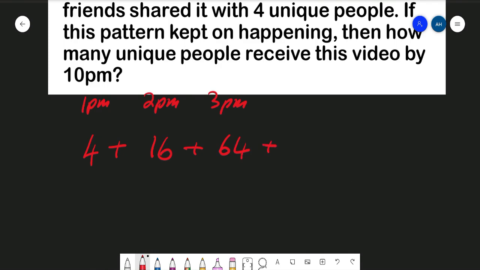And then the same process: each one of these 64 people shares to 4 unique people. So it becomes 64 times 4, which is 256, and the process continues. The question is, we want to know the total number of people who receive this video by 10 p.m. We want to add these numbers up to A10 like this.